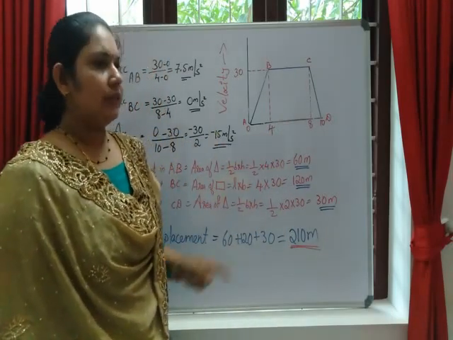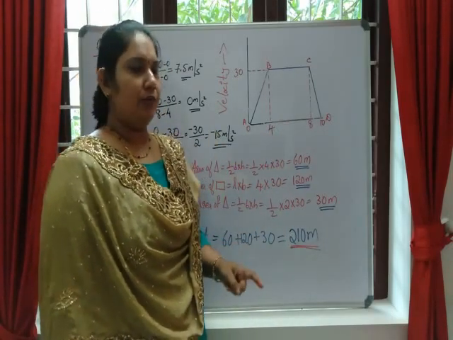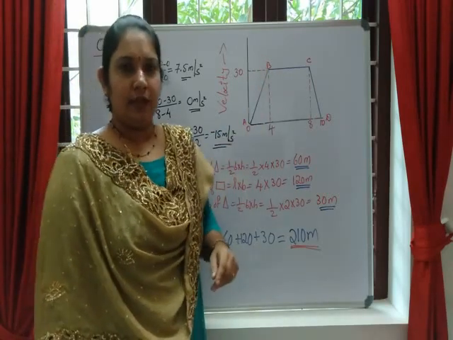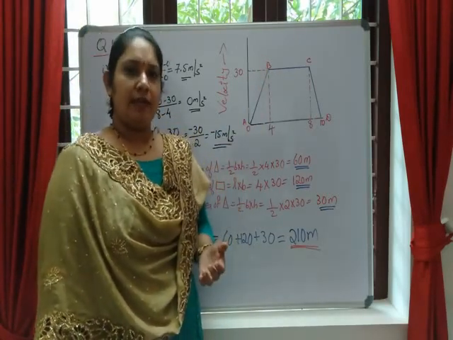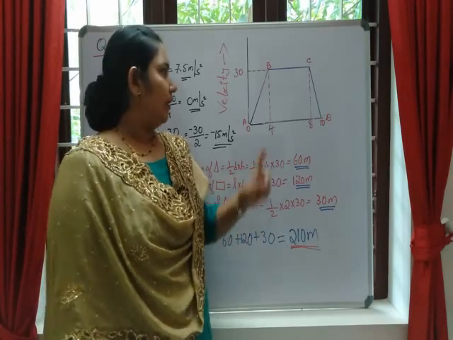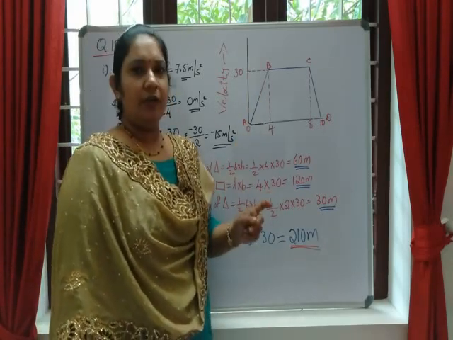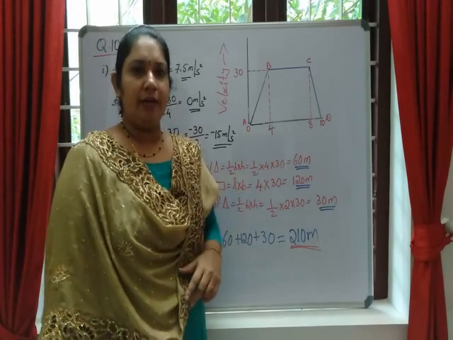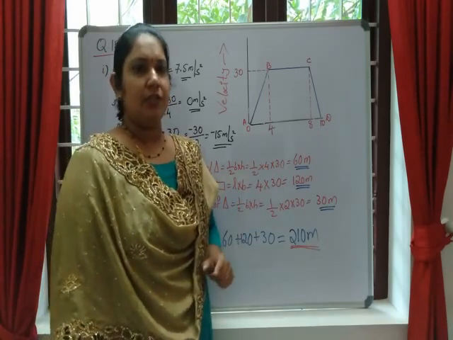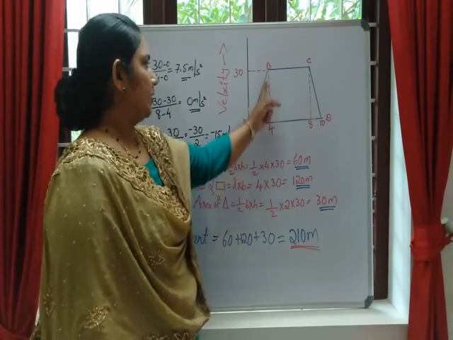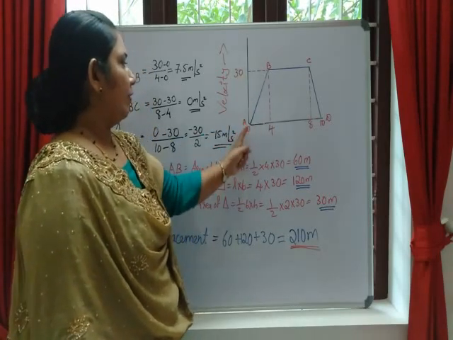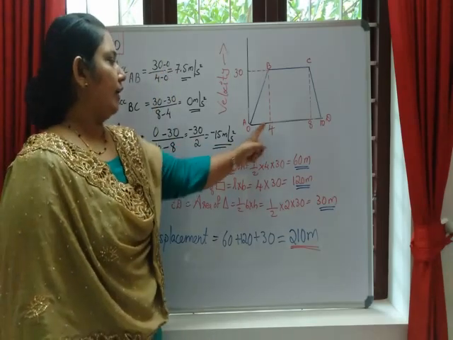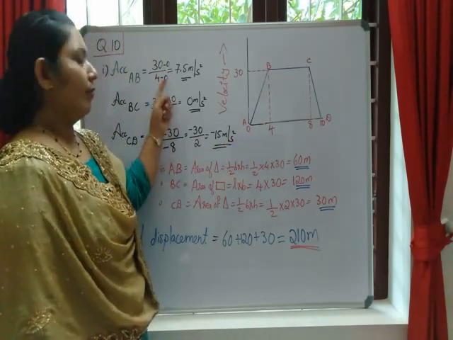Now, using this graph, you are asked to calculate the acceleration in AB. How will you calculate acceleration? Formula for acceleration is velocity by time. Here 2 velocities are given. You write final velocity minus initial velocity divided by final time minus initial time. So AB, this is the slope. Final velocity minus initial velocity, 30 minus 0. Final time minus initial time, 4 minus 0.